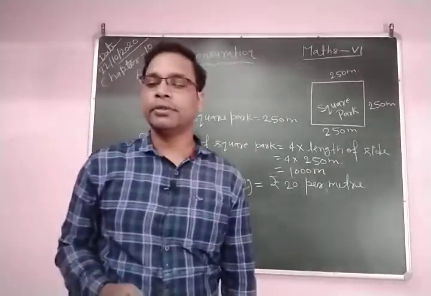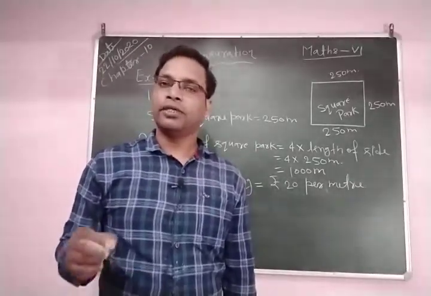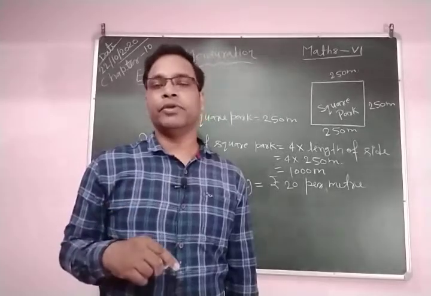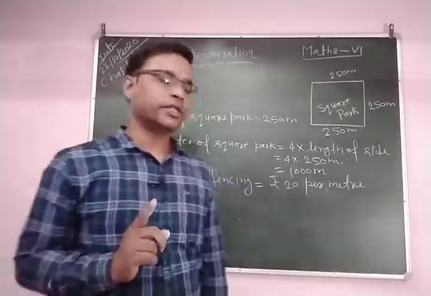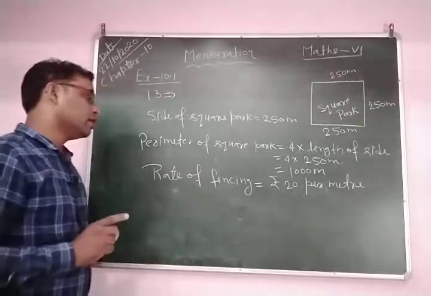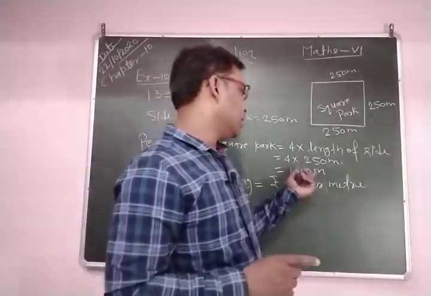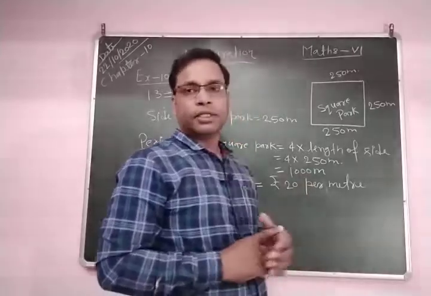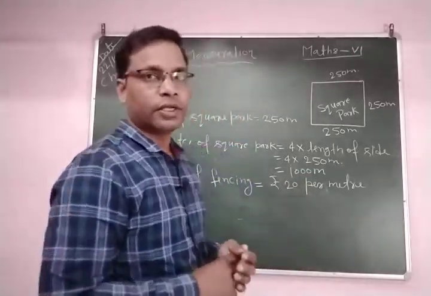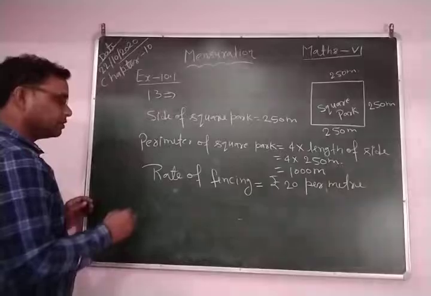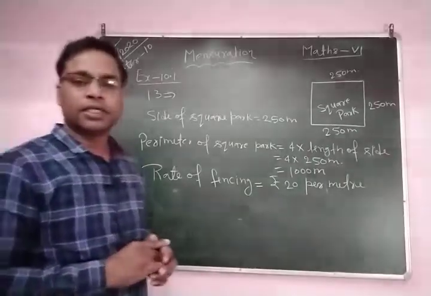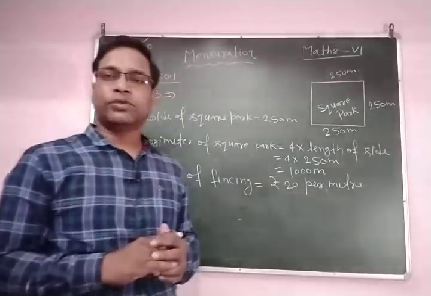It means that if you fence 1 meter, you will earn 20 rupees. But we have 1000 meters. So if you multiply 1000 by 20, then you obtain the cost of fencing. We need to find the cost of fencing of this square park.